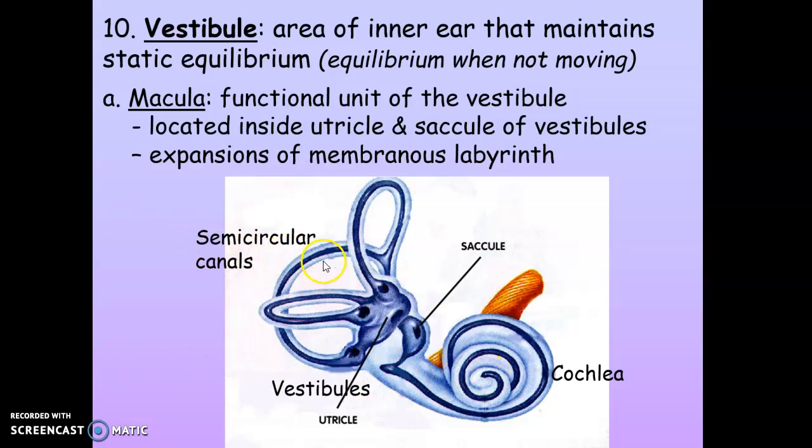And then the second one we looked at was the semicircular canals, which have the crista ampullaris, that kind of gel capsule. And that helps with dynamic equilibrium, so as we move. And then lastly, the vestibules have that macula area with the otoliths, the little stones, and that helps us with static equilibrium. I hope this was helpful and good luck with your studying.